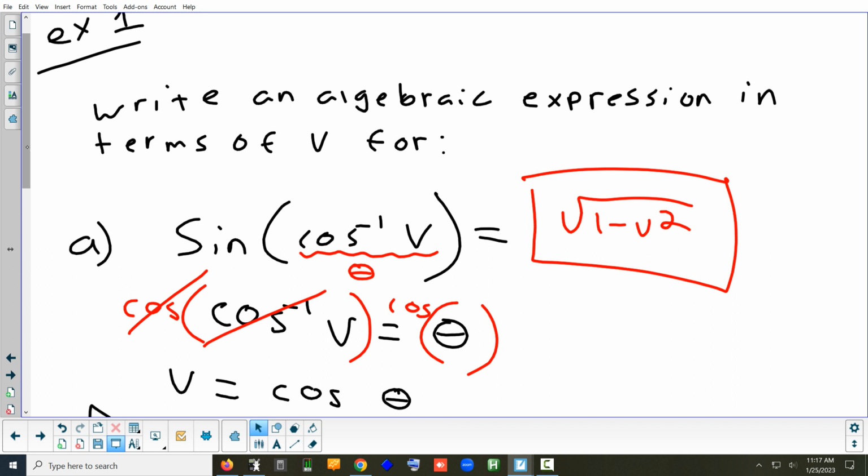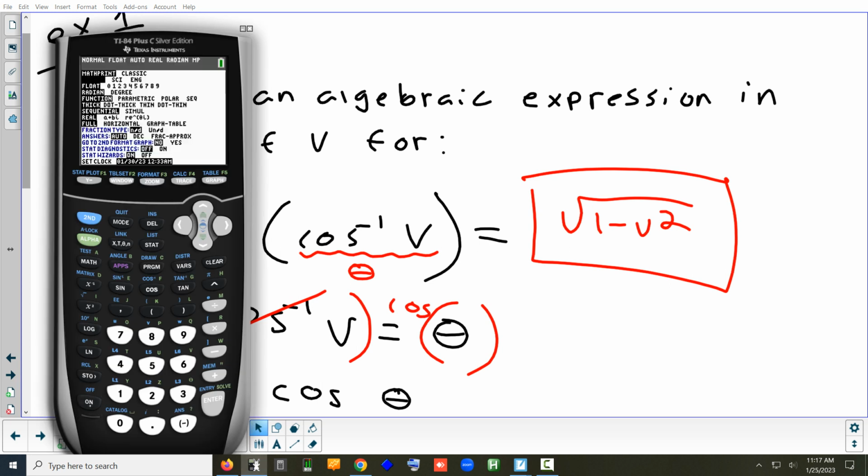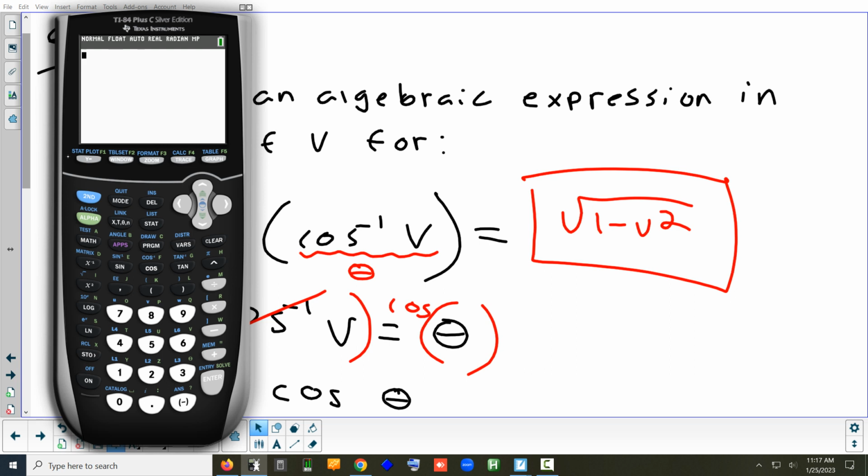Let's try it. Pick a number for v. Now remember, it's inverse cosine, so you've got to stay between -1 and 1. What's a number between those two values? 0.5? Okay, so let's do the sine of the inverse cosine of 0.5.